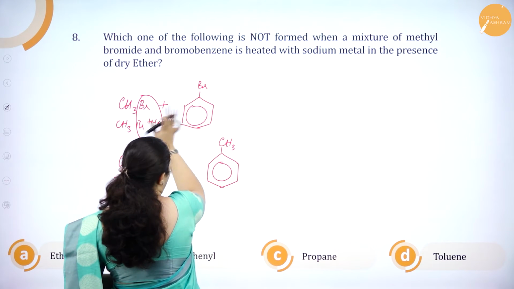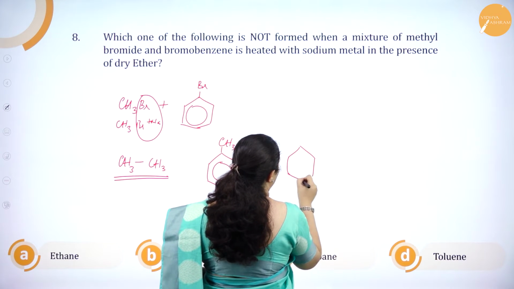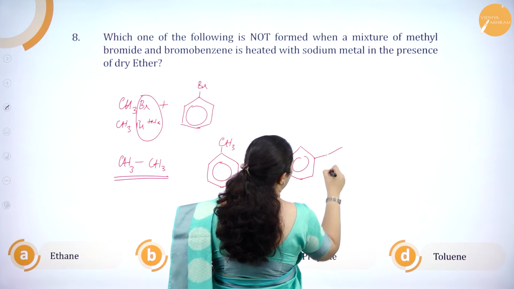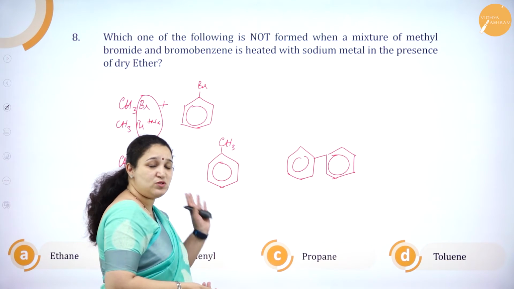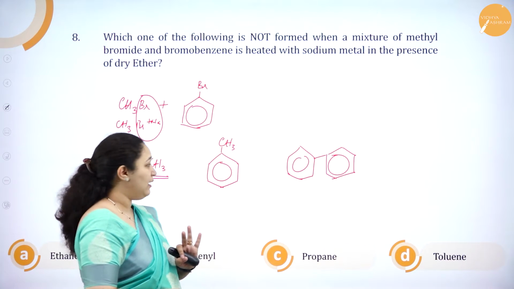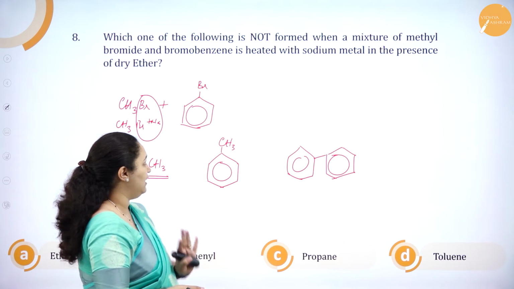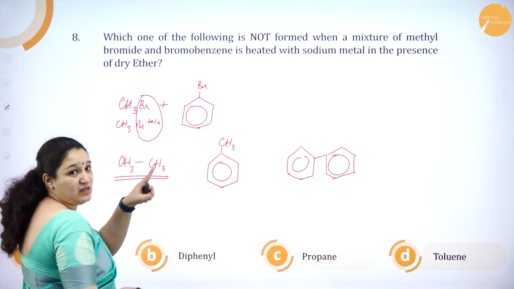Or the same thing will react with one another to form diphenyl. That is Fittig reaction also can happen, Wurtz reaction also can happen, Wurtz-Fittig reaction also can happen. All the three can happen and three different types of products are possible. So which one of the following is not formed is the question.